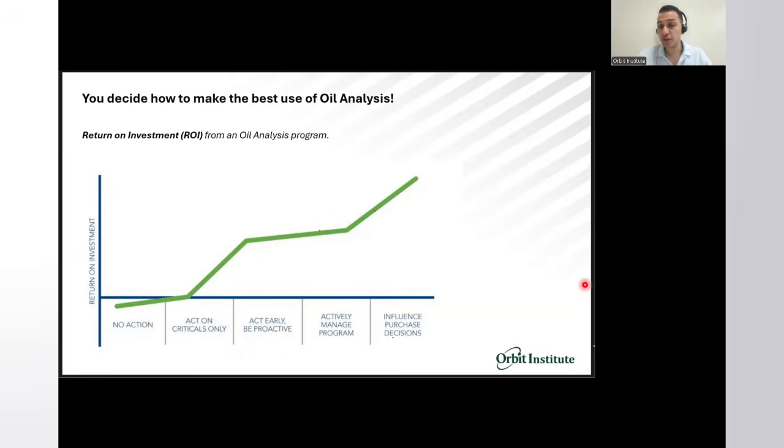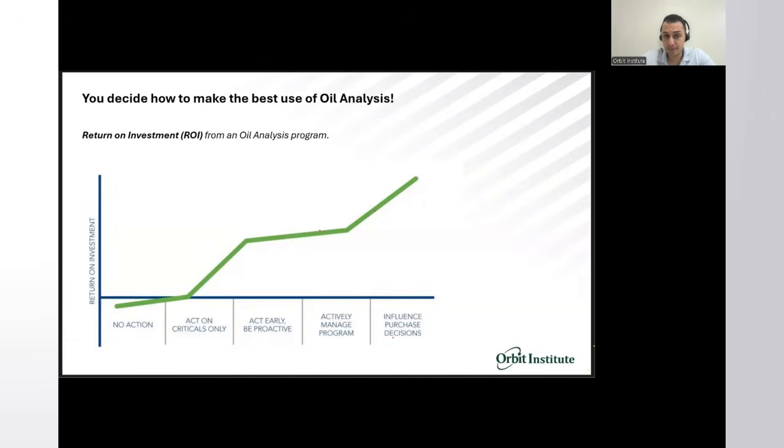And if you reach that level, the highest level of ROI or return on investment is achieved when the oil analysis insights start to influence your decisions, such as selecting the equipment, choosing the right lubricants, redesigning the system to improve the reliability of equipment, then you have the highest ROI.